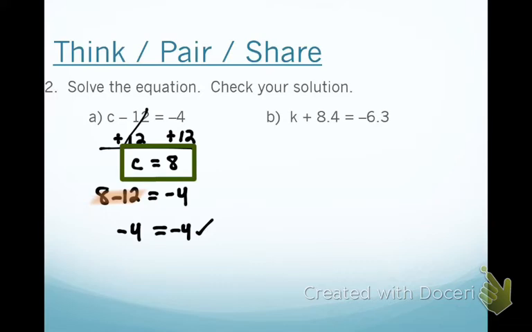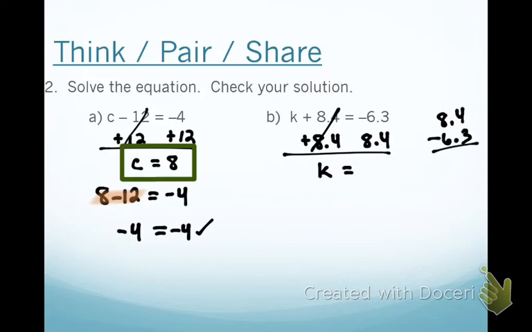So here's what I think some people did. Watch this. They added 8.4, okay? They pretended that that canceled out. And then when they did this, they're like, oh, different sign, subtract, and take. How many of you would say you did that?